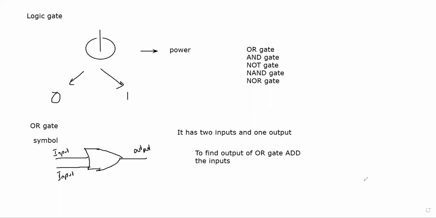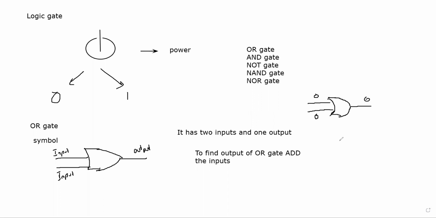Example, if this is the OR gate and both inputs are 0, so 0 and 0, what will be the output? 0 plus 0 equals 0. It means that the output will be 0.